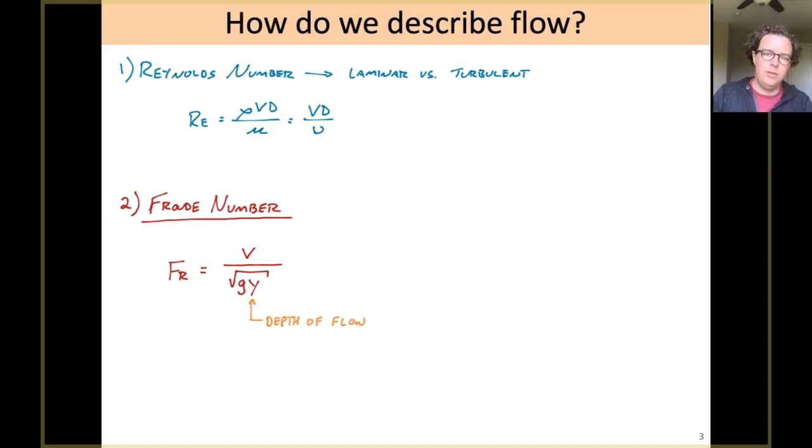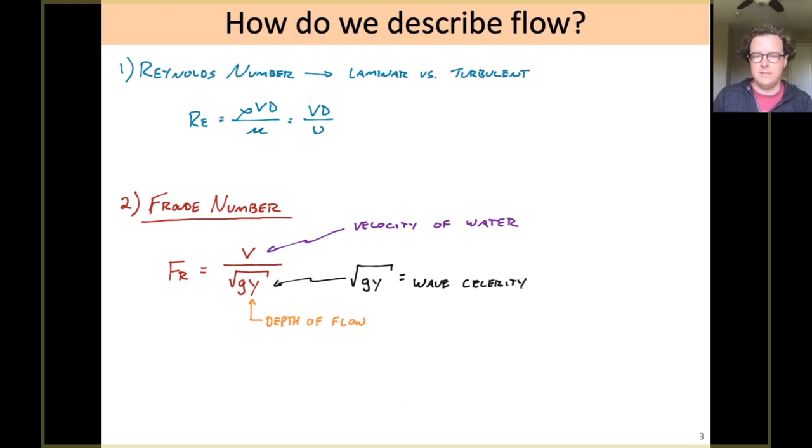So what Froude number is telling you is a ratio. In the numerator is how fast does water move. And this term in the denominator, this square root of g times y, this is what's called wave celerity, or shallow wave celerity. And this is actually describing the speed that an energy wave moves in shallow, still water.